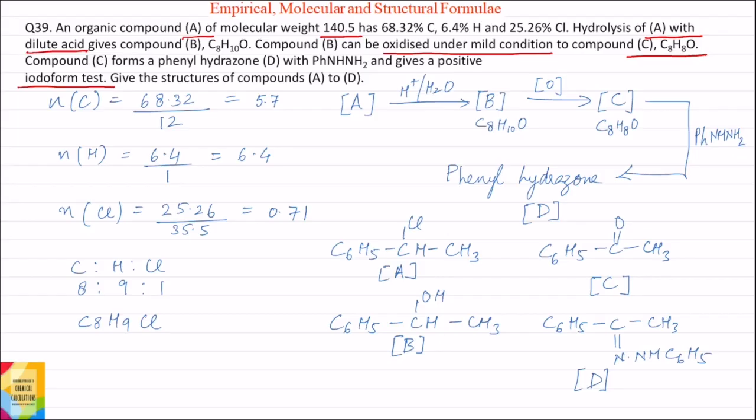First of all, we will divide the percentage composition of each atom by its atomic weight, so we will get the moles of atoms. So moles of carbon is equal to 5.7 moles, moles of hydrogen is equal to 6.4 moles, moles of chlorine is equal to 0.71 moles. Now in this the moles of chlorine is the least, so we will divide moles of carbon, hydrogen and chlorine by 0.71 and we will get a simple ratio, which is equal to 8:9:1.